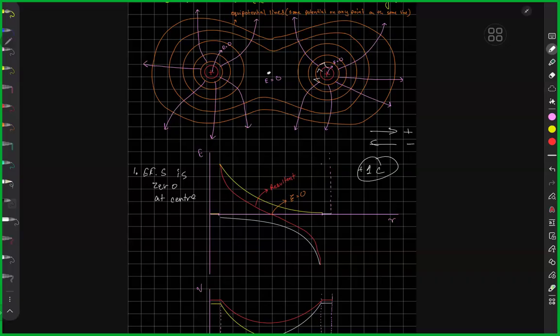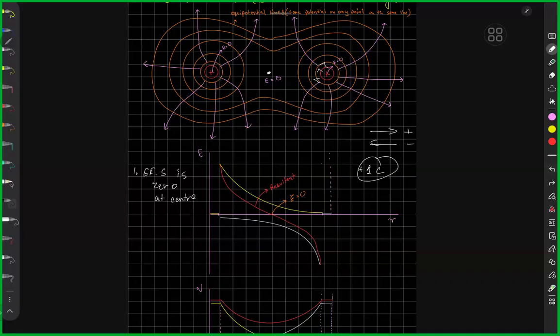Why? Any idea why? Why is it 0 net force right at the center? I have 2 positive charges, one on the left, one on the right, same amount of positive charge. So if this is 10 coulomb, this is also 10 coulomb.